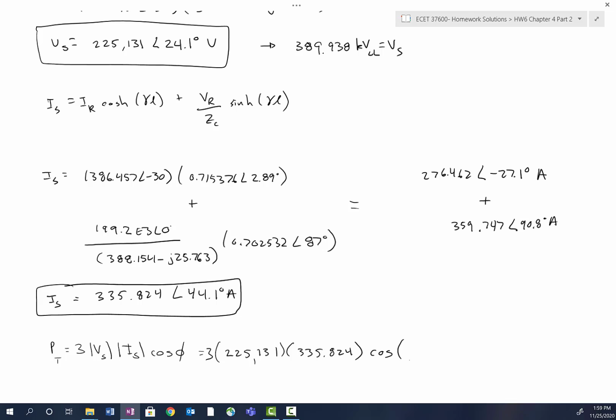So that's, what do we get, 24.1 for the voltage, which was our reference, and then we need to subtract off the current angle, 44.1. And so the total power I get is approximately equal to 213 megawatts.